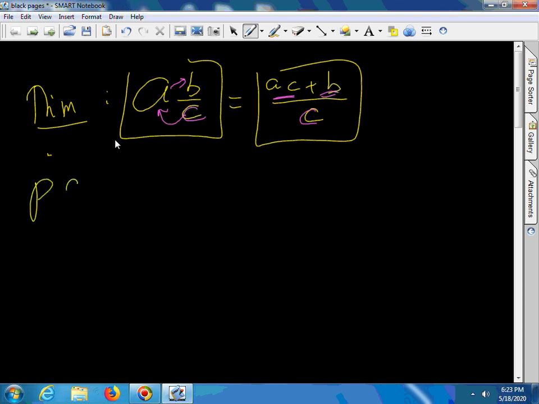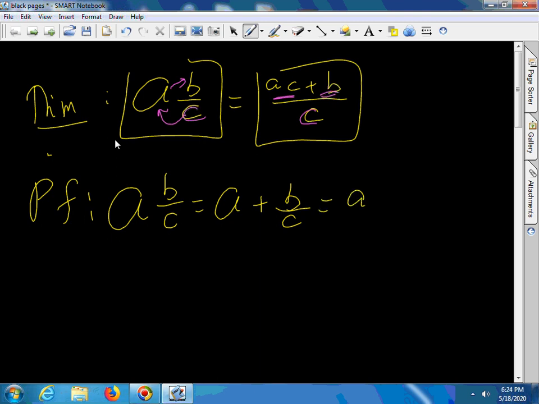The first thing you have to realize is that a and b over c is their sum. It's a plus b over c. And whenever you add two numbers and at least one of them is a fraction, you have to get common denominators.